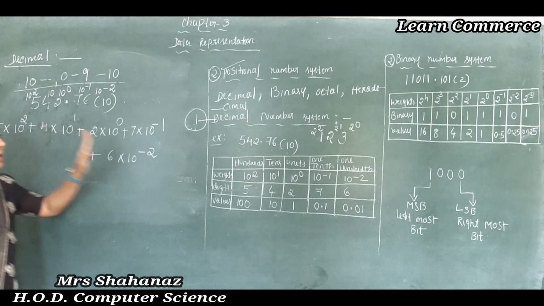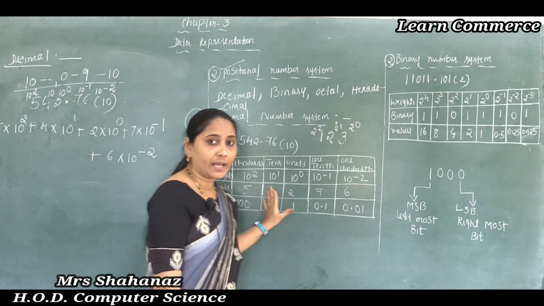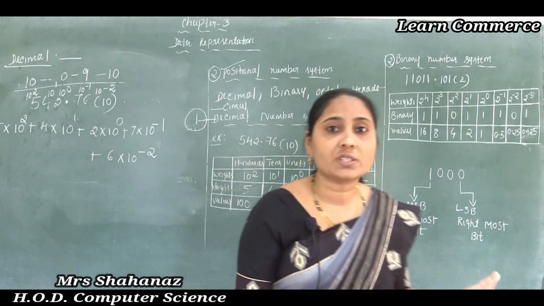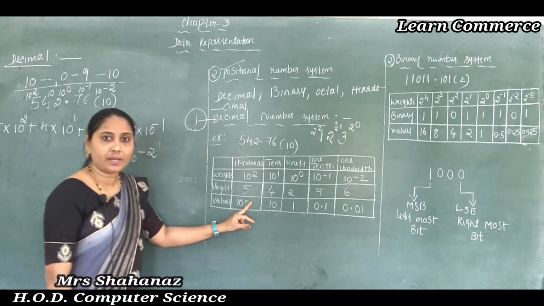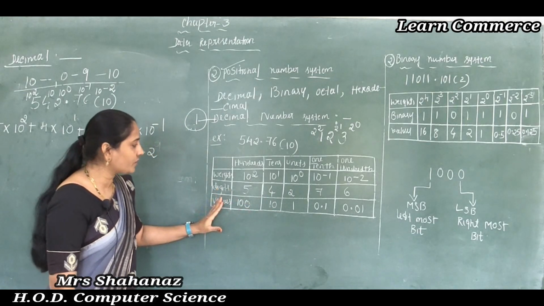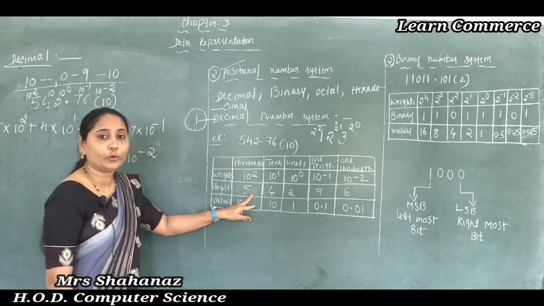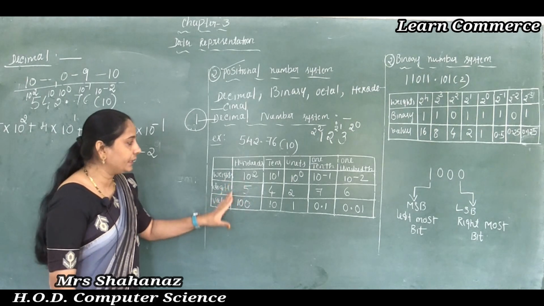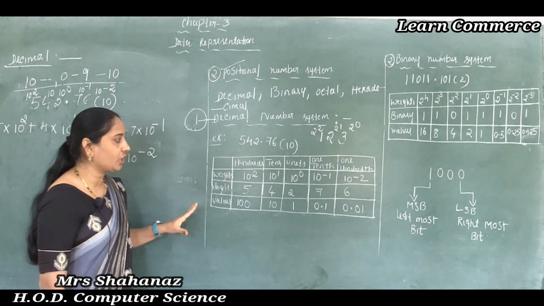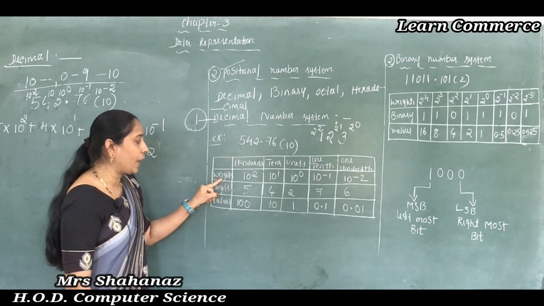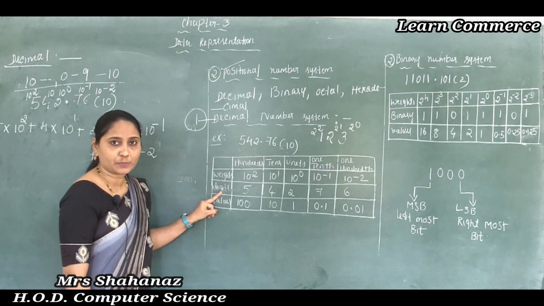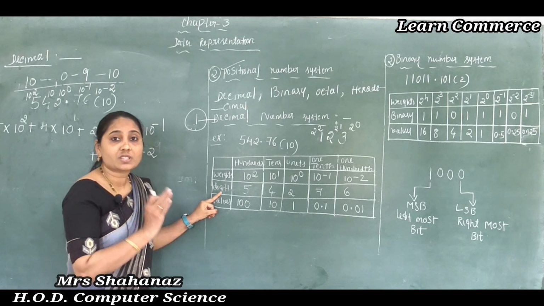Now let's draw one table. So here we can say that this table shows the weightage of the positional value of the decimal number. Okay here? So now first of all the same value I want to take in this table, and here some of the representation I want to do. So first of all I am going to take the digits. Clear this point here? The digits, that means what's the question?